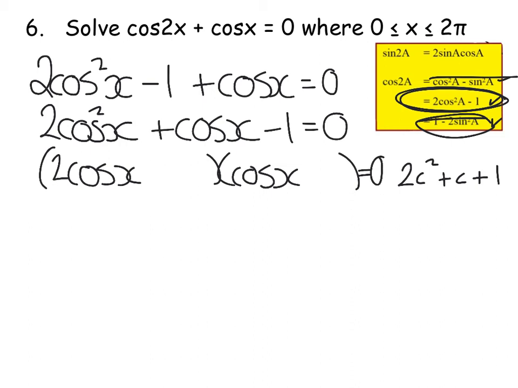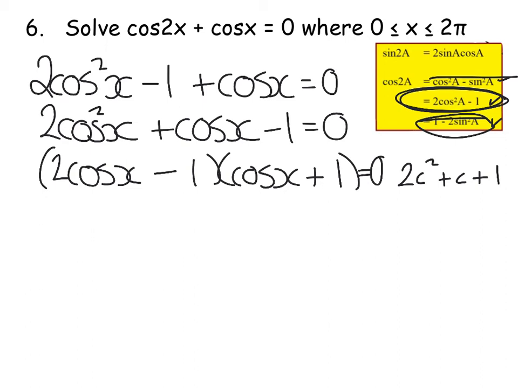Right, numbers that multiply to 1, it's obviously just 1 and 1. You need to make this add to positive cos x, so that means the plus goes here and the negative goes here. Because when I expand this out, that'll give me a 2 cos x, that'll give me a minus 1 cos x, which makes positive 1 cos x, okay? So a wee check.